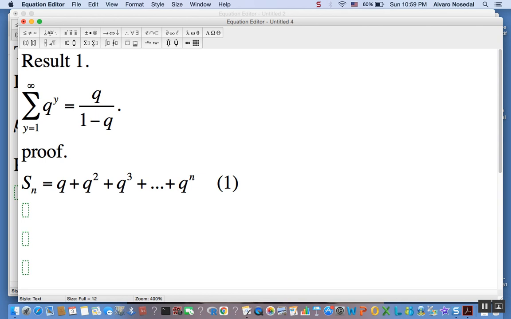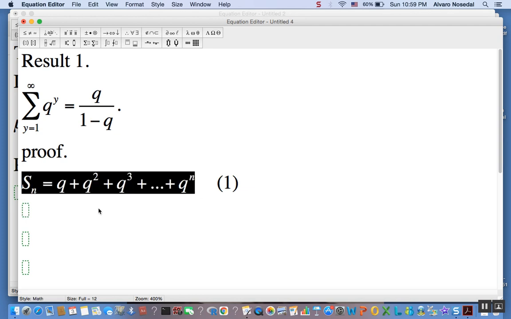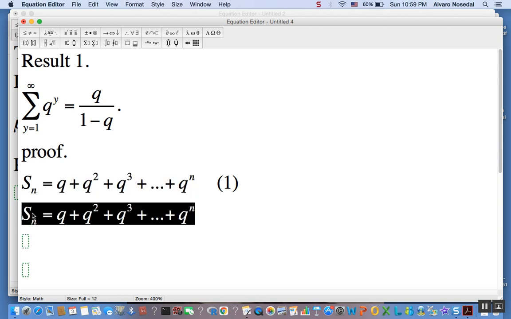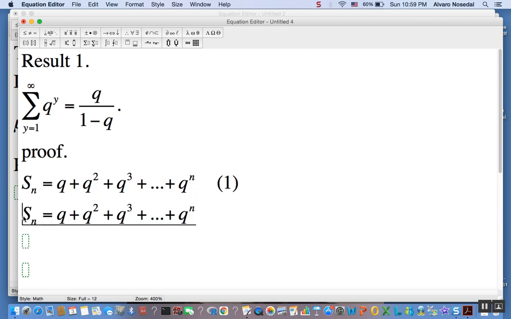Next step, what we're going to be doing is multiplying equation 1 by q. So let me copy and paste this. Let's find q times Sn.